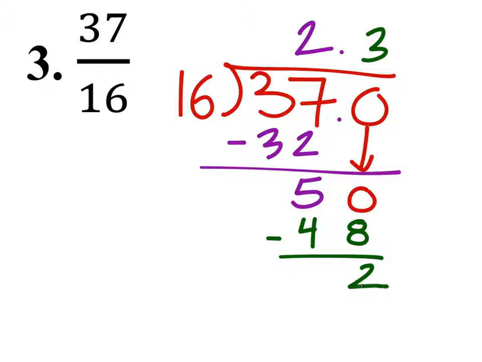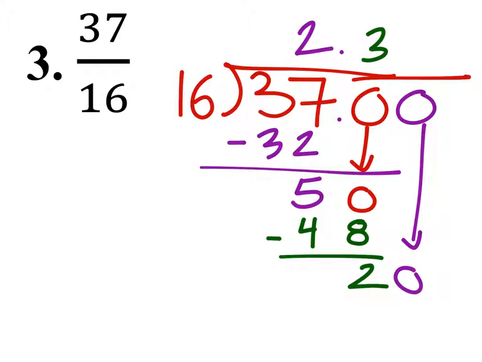Minus, and we get a 2. All right, 16 won't go into 2, but if I drop a 0, it will go into 20. So I'm going to have to extend that. 16 will go into 20 once. 1 times 16 is 16, subtract, and I get 4.